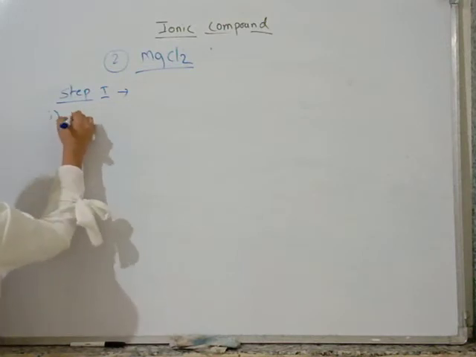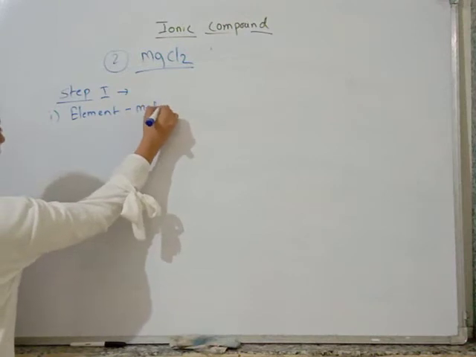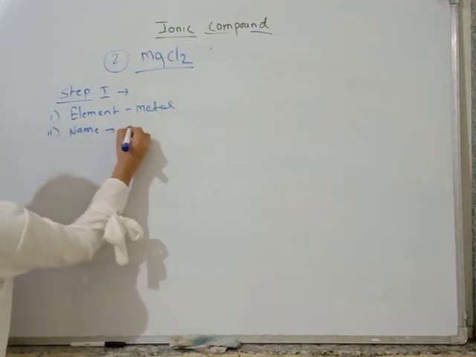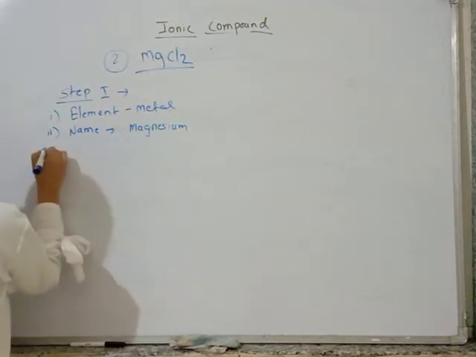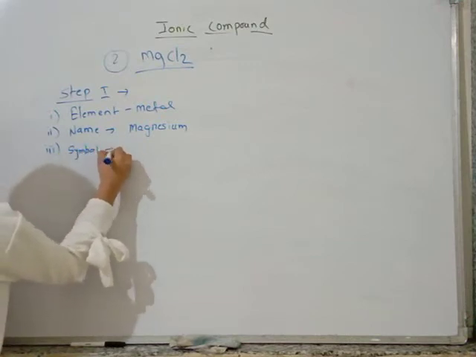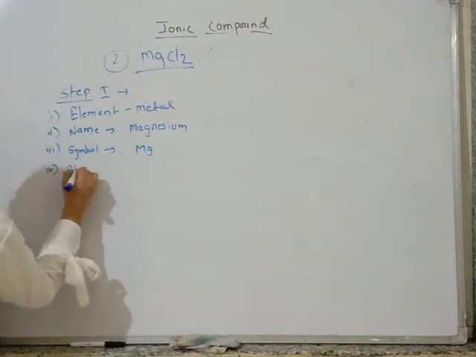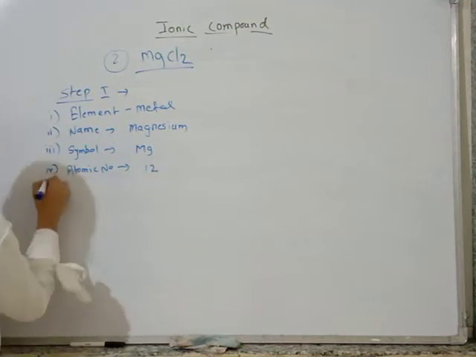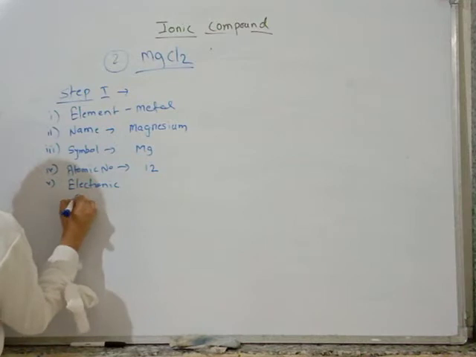So the first one is element. Element is metal. What its name is? Its name is magnesium. Now what is the step 3? Its symbol we write. So its symbol is Mg. Now its atomic number is 12.